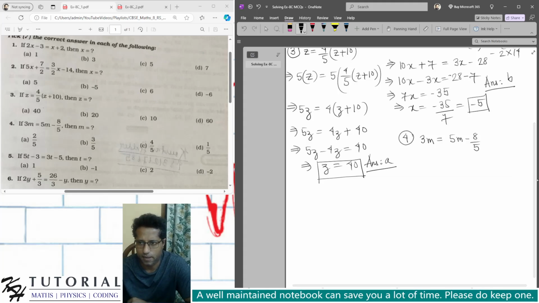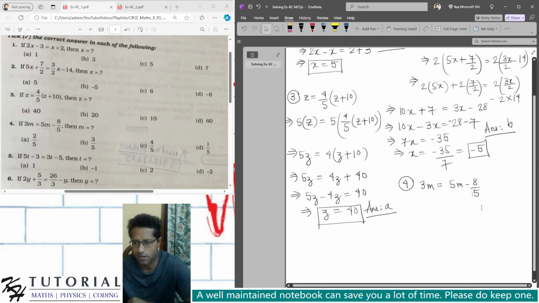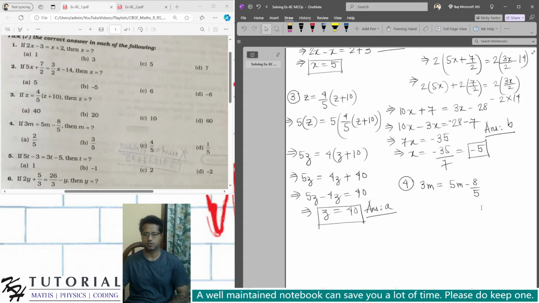The method that I have discussed, that whenever you see a rational term, you multiply both the LHS and RHS with the LCM of all the denominators of all the rational terms. You will apply that method only when at least one of the rational terms is having a variable. Only then apply that method.